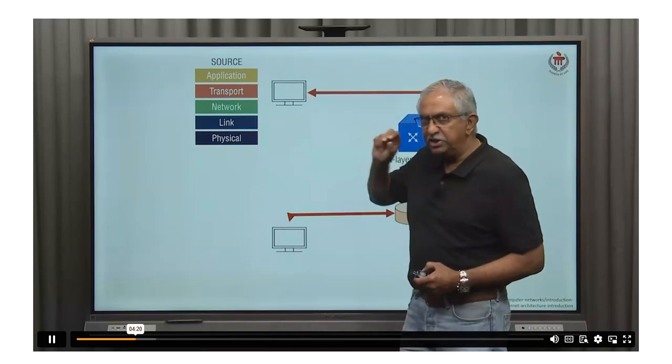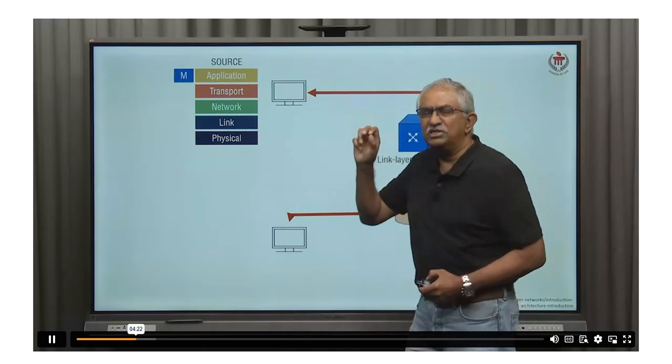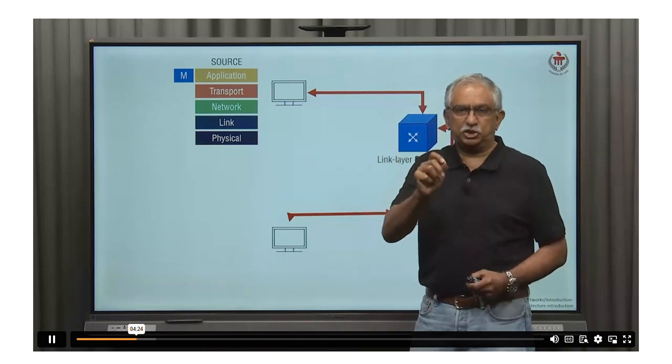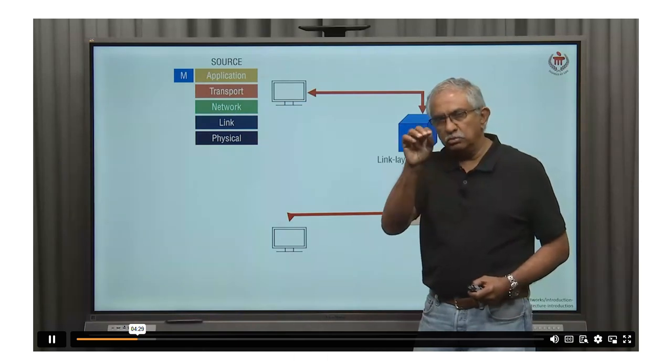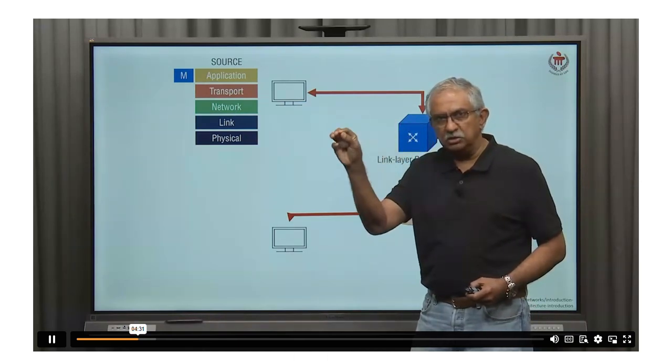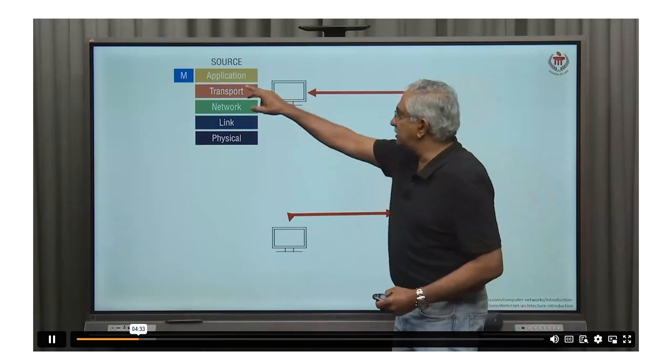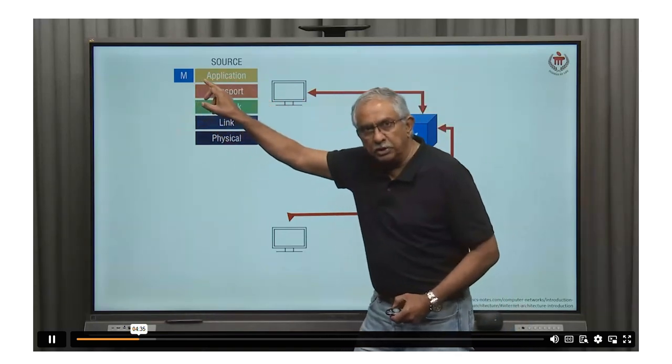Let's look at this. The application layer is the layer which really has the message. So if I'm sending you an email, I'm saying to x@gmail.com. That is the message here.